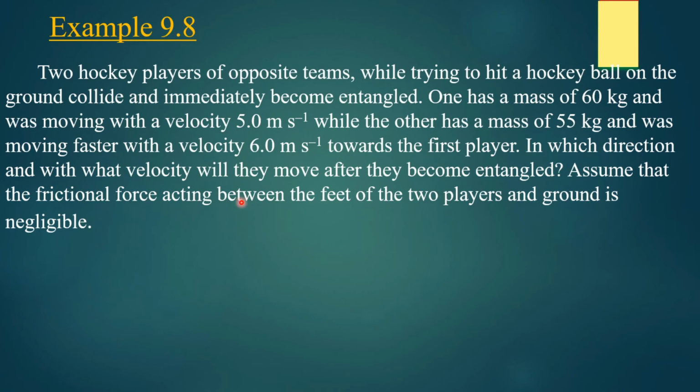In which direction and with what velocity will they move after they become entangled? Assume that the frictional force acting between the feet of the two players and the ground is negligible.